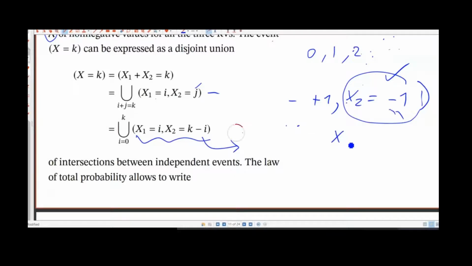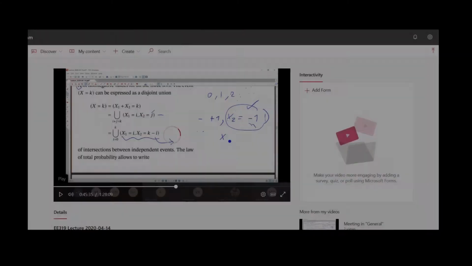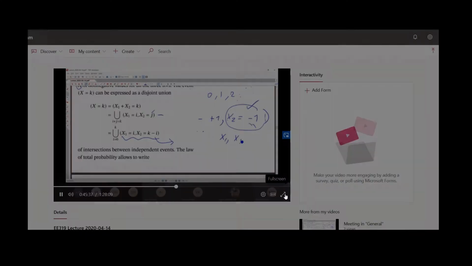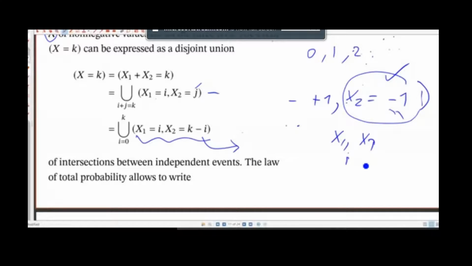Let me call this A0. तो I is equal to 0 के लिए A0 हो गया. अगला क्या है? A1. अगला क्या है? AK.